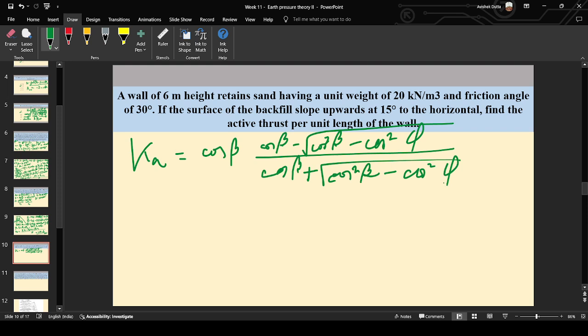Here beta equals 15 degrees and phi equals 30 degrees. Putting in the values, we get Ka to be approximately 0.3729.